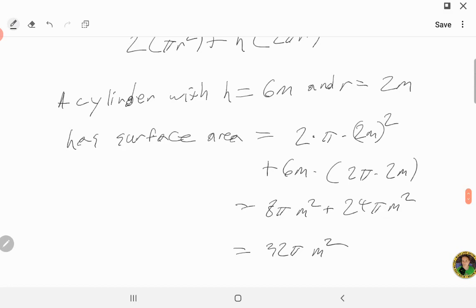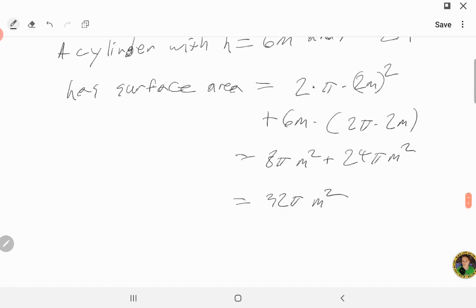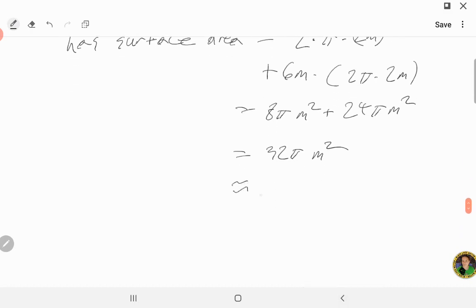We often don't have the luxury of ordering 32 pi square meters of carpeting, so we have to make an approximation, and we can say that's approximately 100.5 square meters.